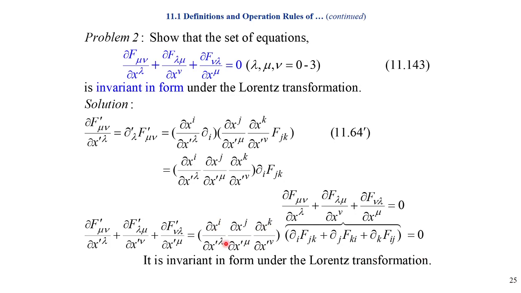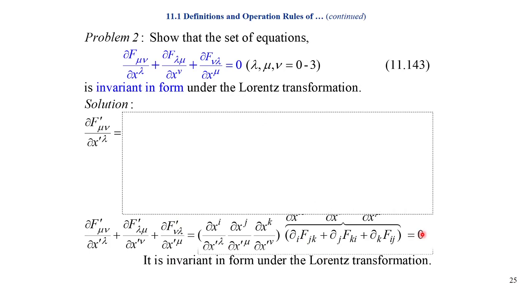They transform in the same way. If this one equals 0, then in the primed frame they are still 0. In all Lorentz frames, they are always 0. Okay, good.